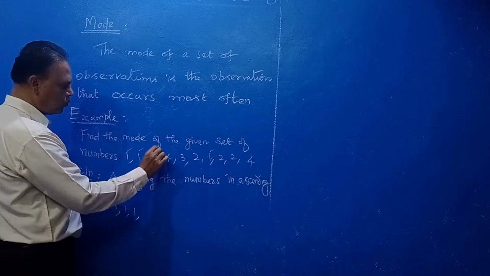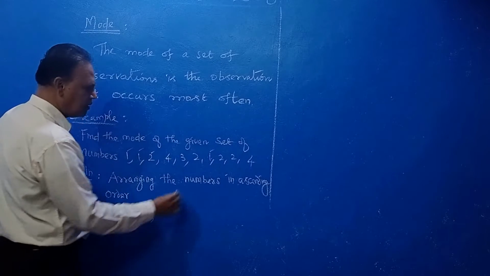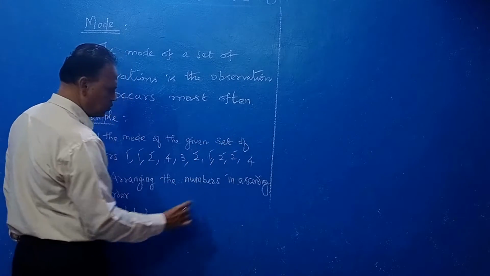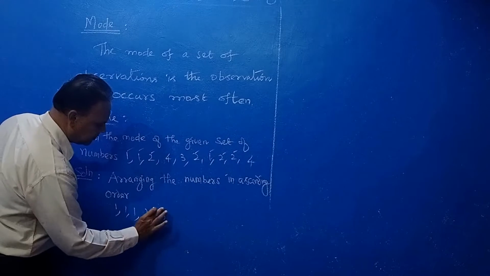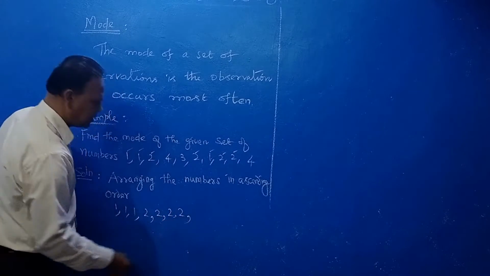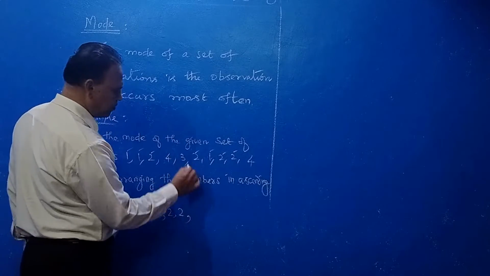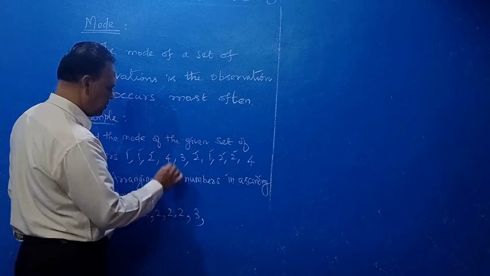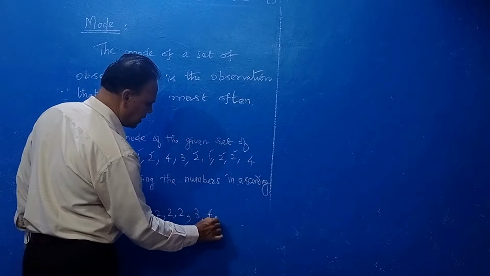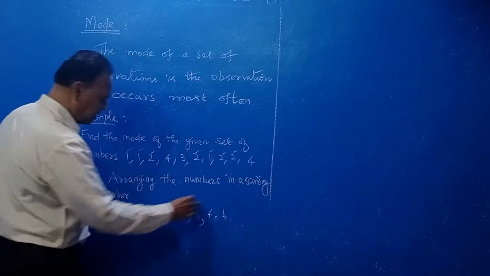Then 2: here 1 there, here 1 there, here 1. So 4 times there. You write 2 four times. Then 3, 1 time there. Then 4, 2 times there. Like this you write it in ascending order.